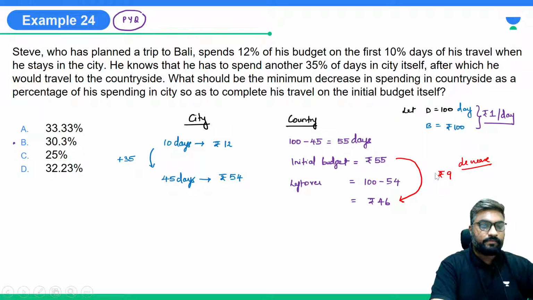Everybody? So 9 rupees ka decrease should be compared to what? As a percentage of his spending in city.